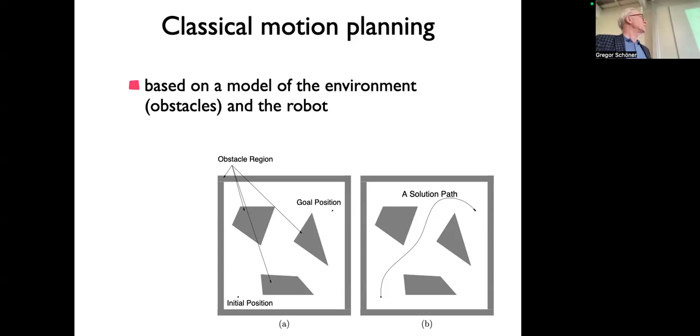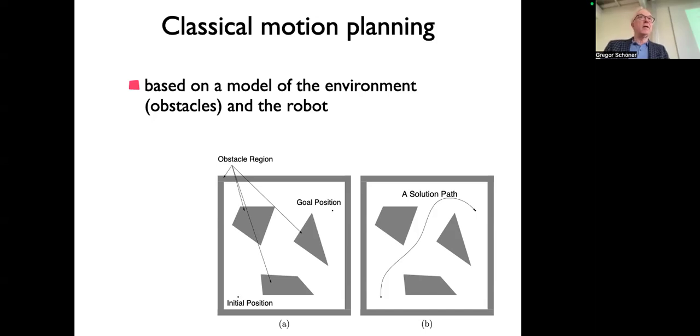And then you also have a model of the robot. I'll come to that. The robot might not be a point, it might have some shape, and you have to make sure that it doesn't collide with any part of its body. Then your task is to find a path that is collision-free from any initial position, very typically, to the target.